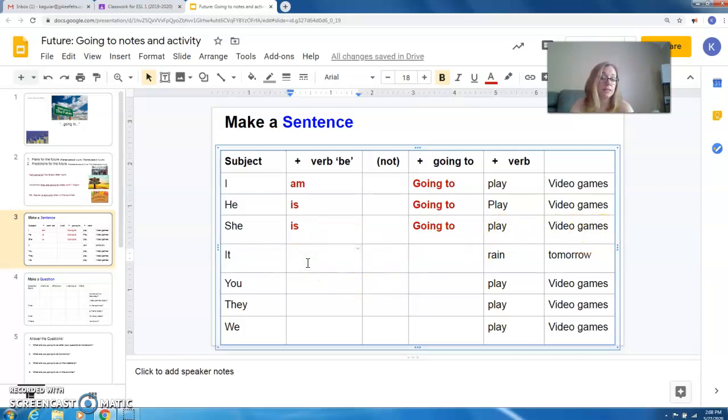It is going to rain tomorrow. So we use it for the weather.